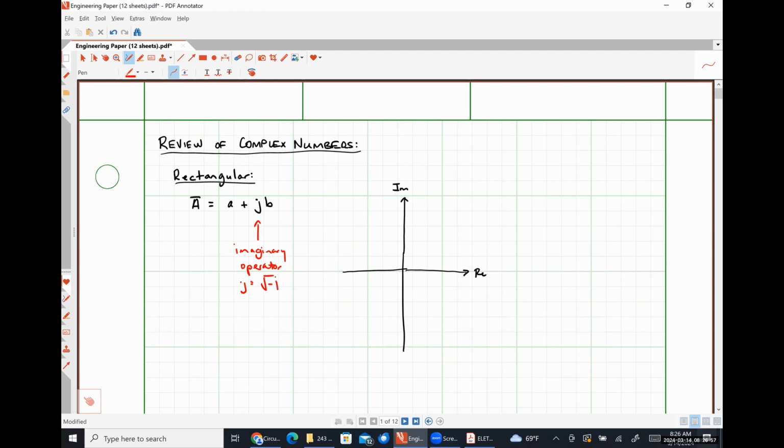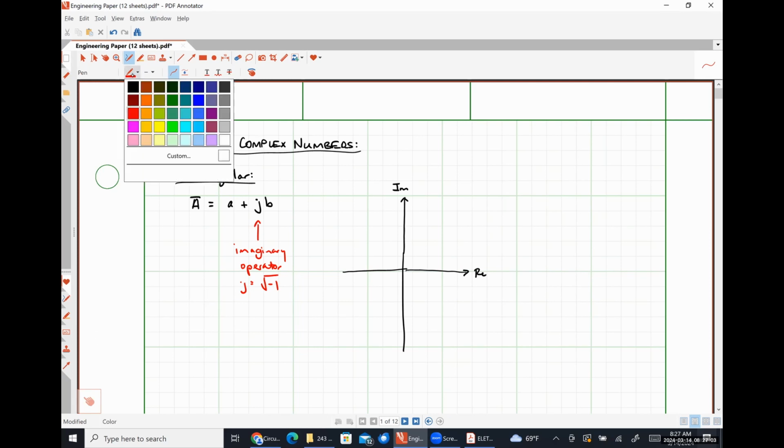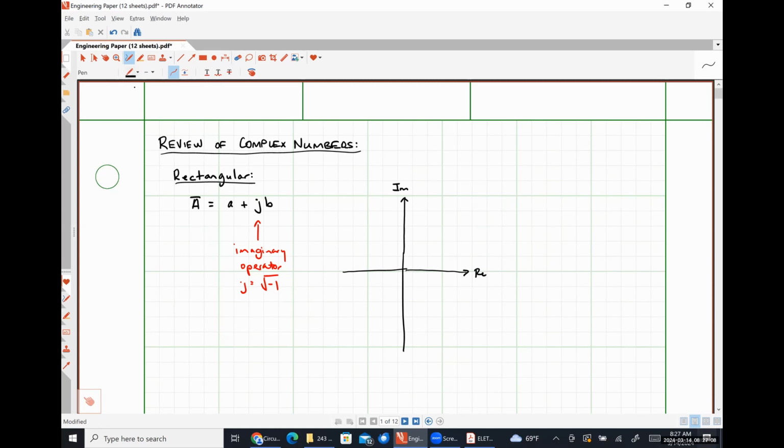J is simply equal to the square root of -1. So if we were to plot a complex number on our complex plane that was expressed in rectangular form, we would simply go out, let's say, lowercase a units in the real direction, and we would go up lowercase b units in the imaginary direction.